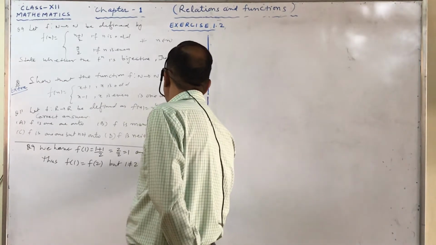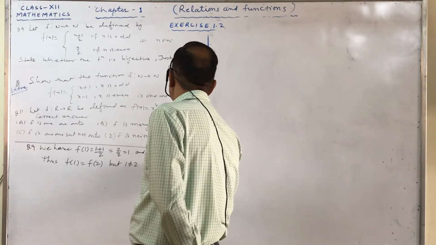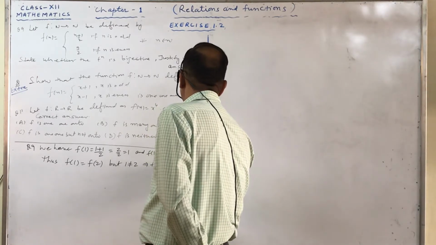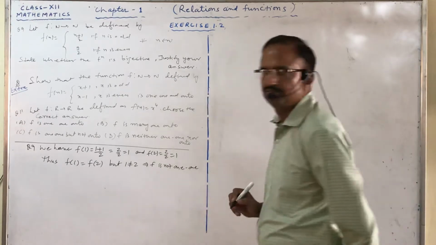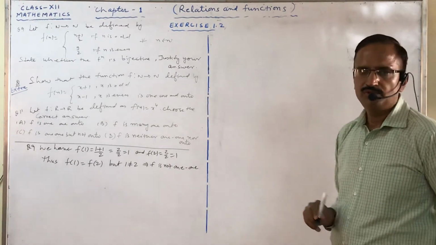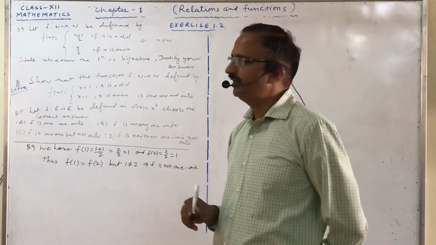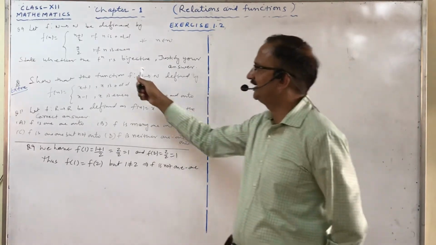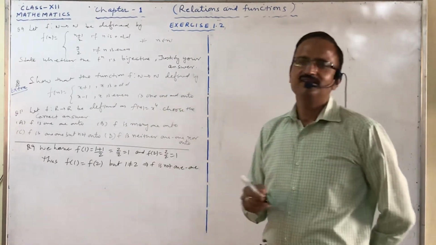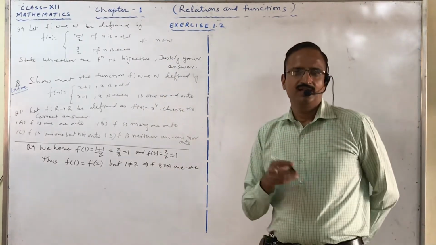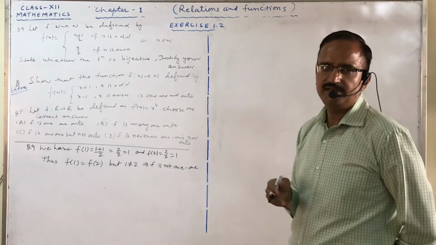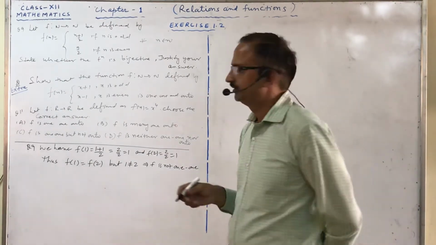This implies that f is not 1-1. So it is clear, when it is not 1-1, then it is not bijective. But we will check the other part also, means whether it is onto or not.